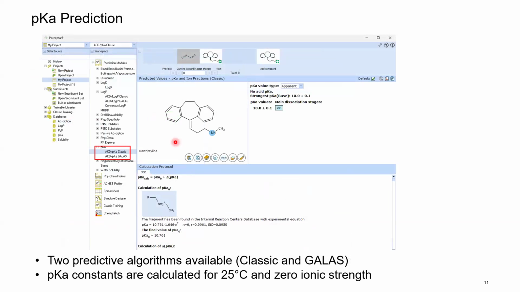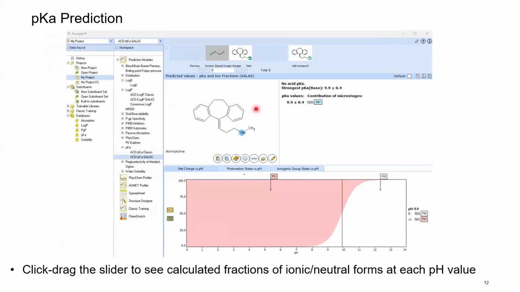And here, you change the module, you go to the pKa module, and here, again, it looks at fragments. And there is a fragment which is similar to this one, and the pKa is 10. And then there is the Gallas algorithm, which looks at similar compounds. And here it's practically the same value, 9.9.